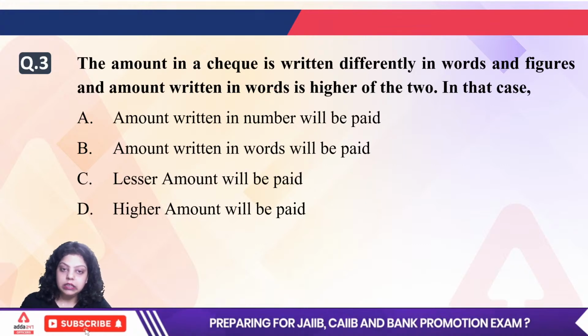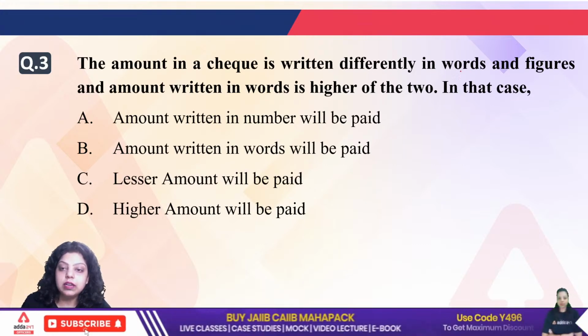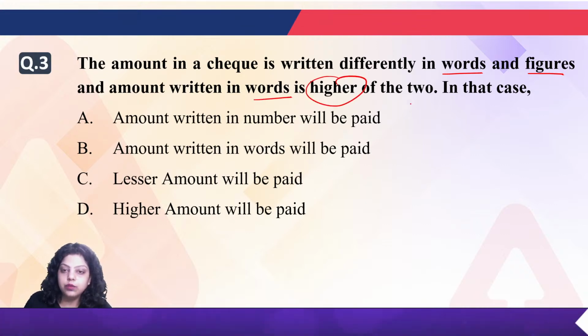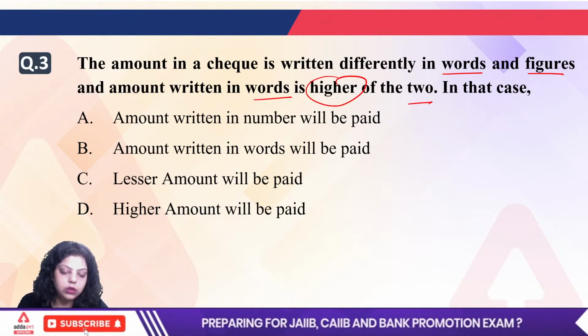Next, the amount in a check is written differently in words and figures, and the amount written in words is higher of the two. In that case, what will happen?